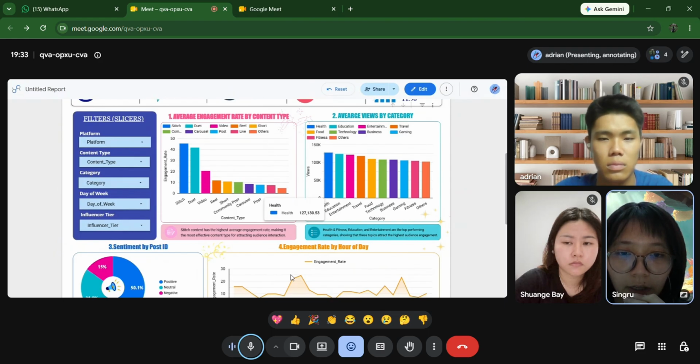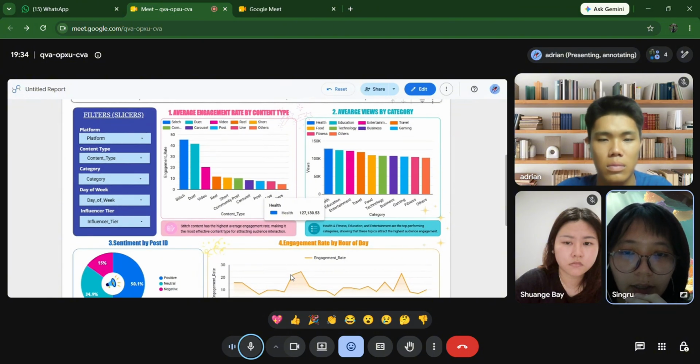For example, health and fitness content may include workout tips, healthy lifestyle advice, or short exercise videos. Educational content may include studies, tips, facts, tutorials, or simple explanations. The entertainment content may include funny videos, challenges, reactions, or storytelling.